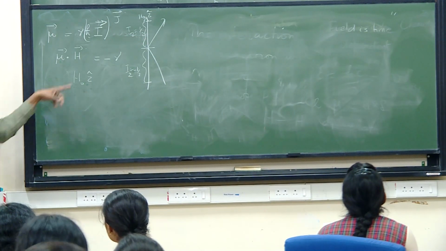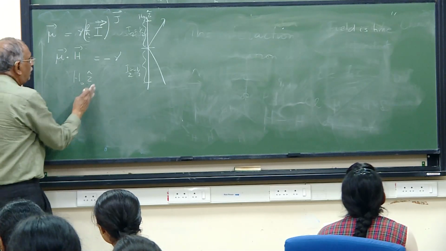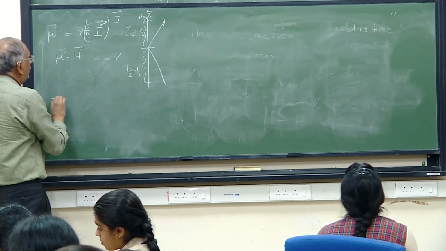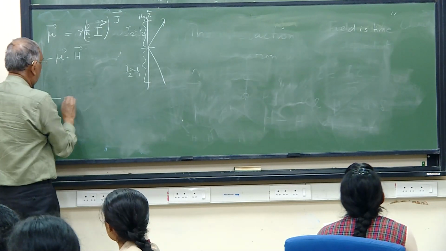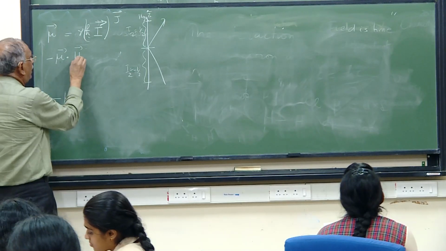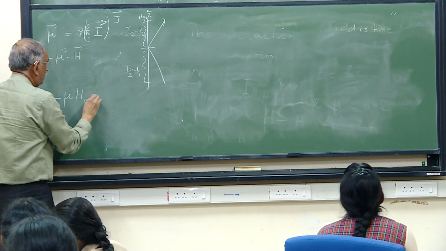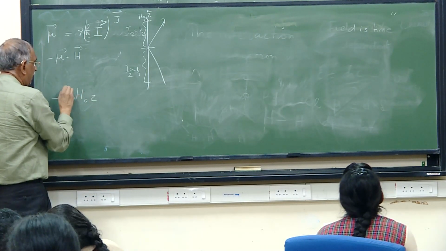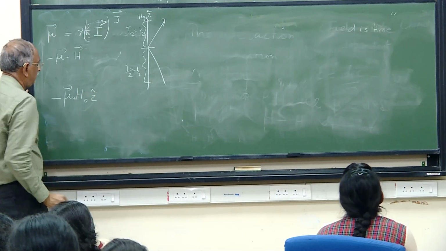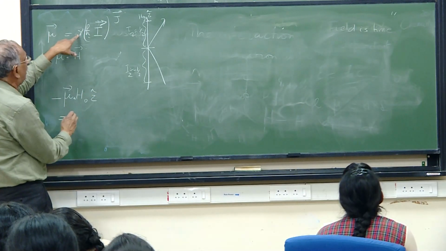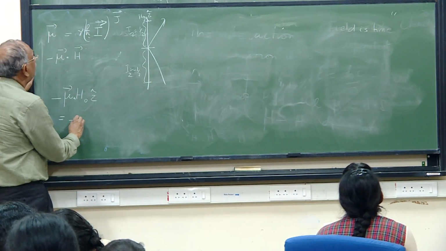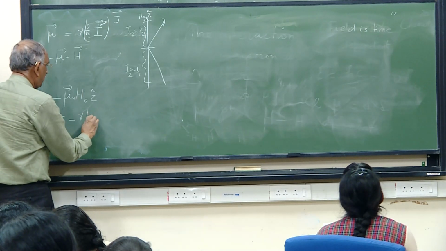So these two energies, minus mu dot H, will give you minus mu, H is H naught z, mu dot, and you can write the mu as gamma h bar I. So you have minus gamma h bar.